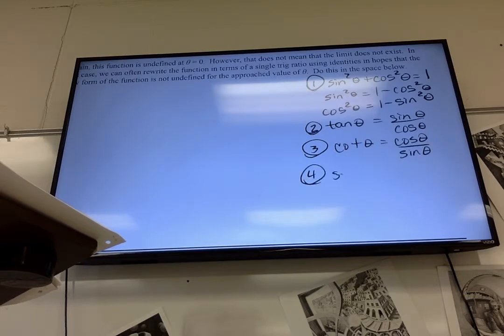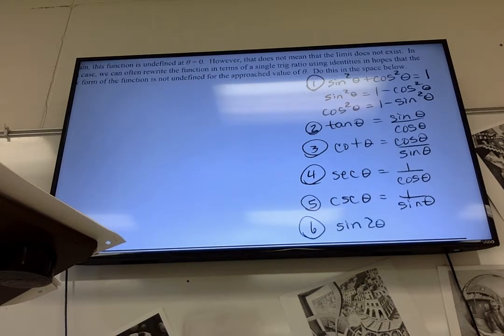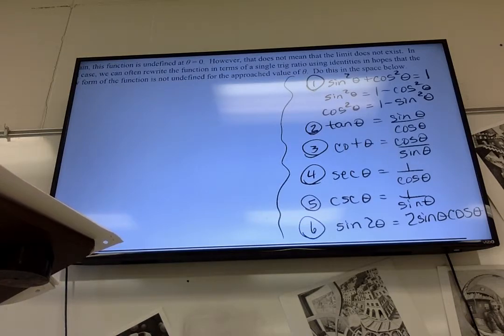The secant is 1 over the cosine. Cosecant is 1 over the sine. This one you probably really don't remember because we don't use this one as often. Sine of 2 theta is 2 times the sine times the cosine. So those are just a few that we use. Probably the most common ones that we will use.